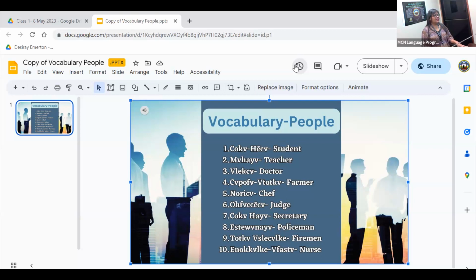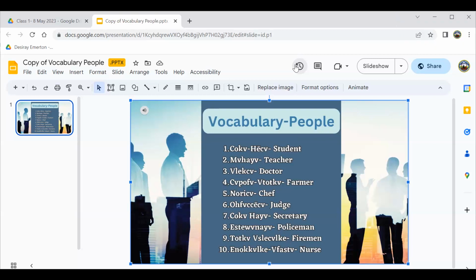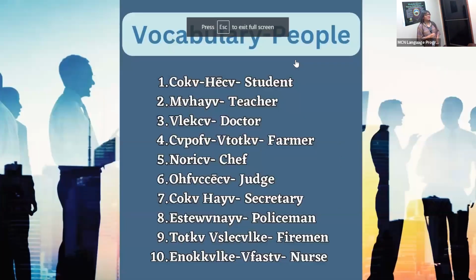She said Aslij Olgi means fireman, but I think the speaker I had put fireman, so I don't think she put the Olgi. Dotka Aslij Olgi, fireman, min, Inokolgi, Afasta, nurse. So let you hear from our first speaker, and like I said, when you get a chance, practice.